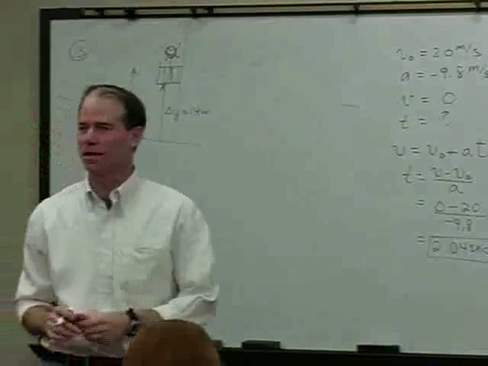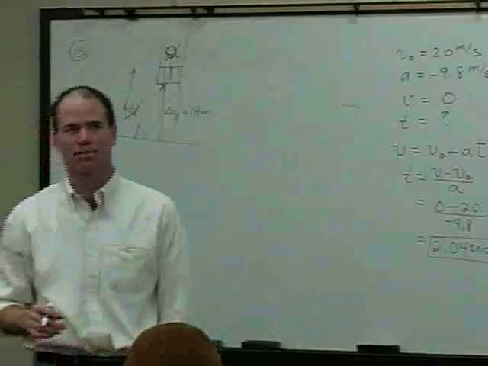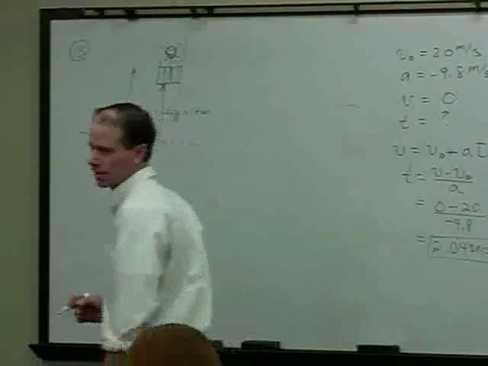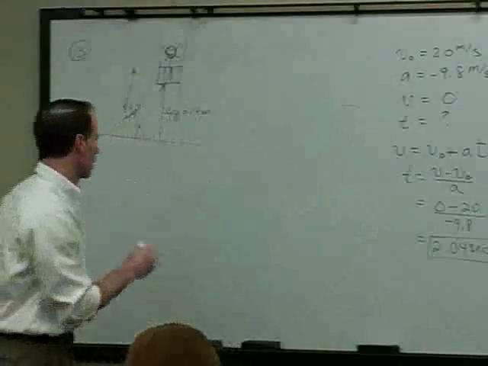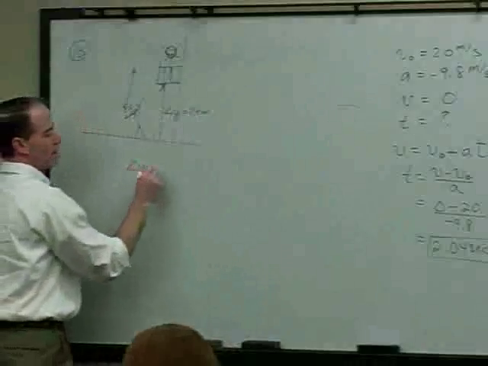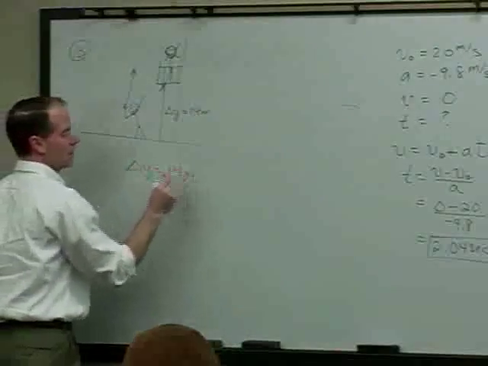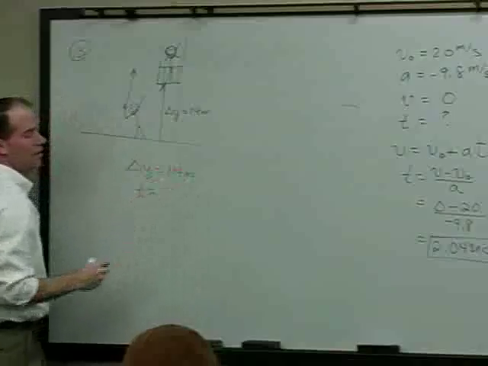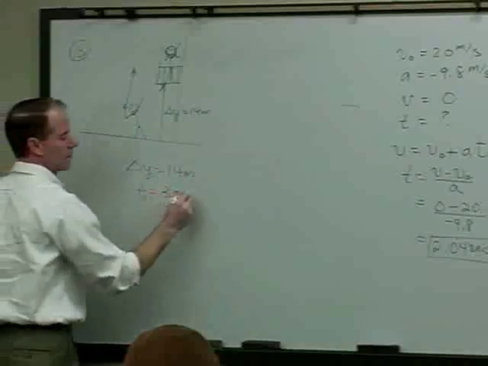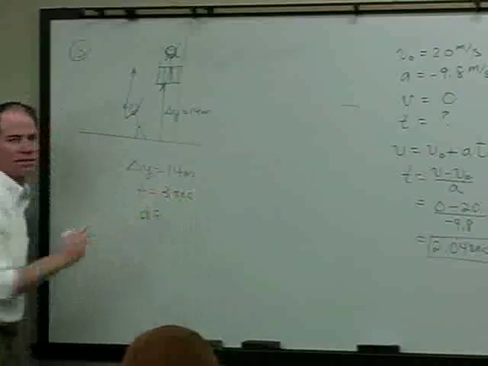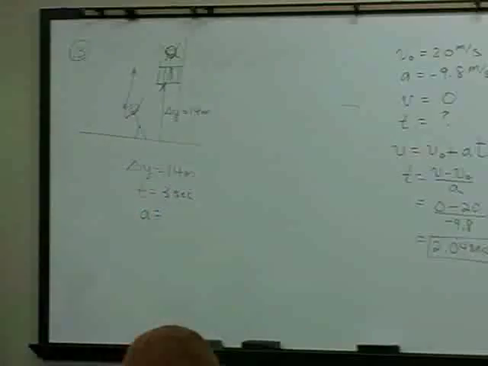All right, so what do we know about this problem? What's given? The y, 14 meters. The time, 3 seconds. Acceleration is negative 9.8. Why negative? Because we define upward as positive.